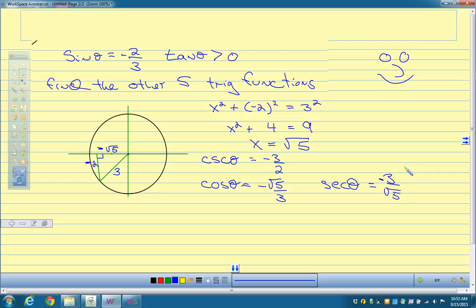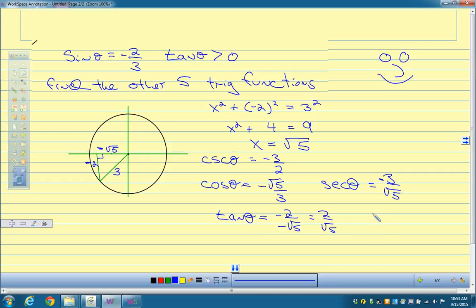If you'd like, it'd be nice if you rationalize that, but I don't want to get you confused. I just want to keep it clean. Okay? And then tangent of theta is what? What over what? Y over x. So that's negative 2 over negative root of 5, which is equal to positive 2 over positive root of 5.